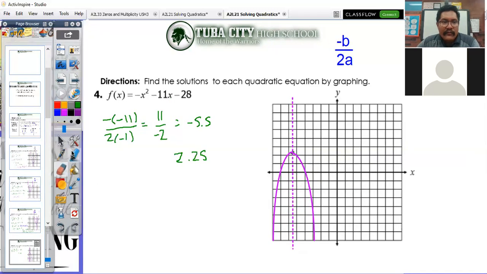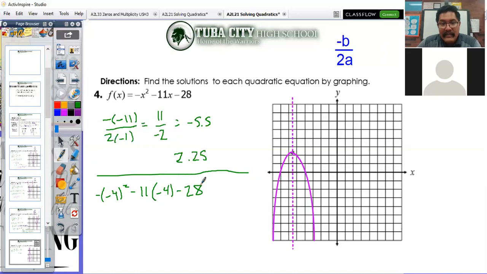And with these, don't forget, you can also use a table as well. But in this case, I'm going to pick only 2 numbers in my table, and that's going to be -4 and probably -7. So if -4 works out, that means it's going to be a solution.